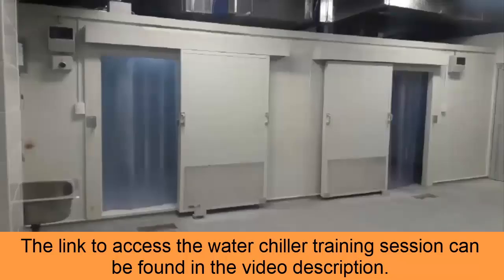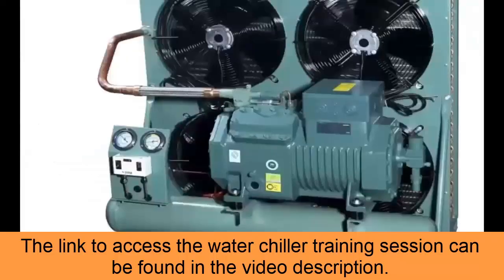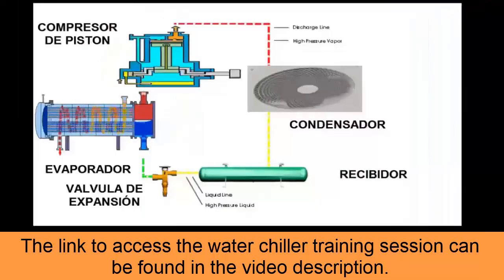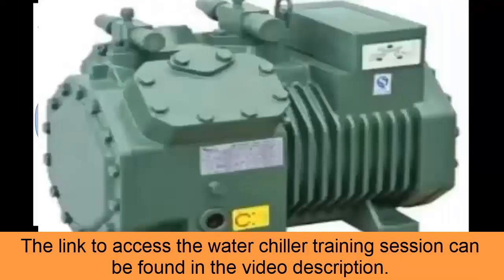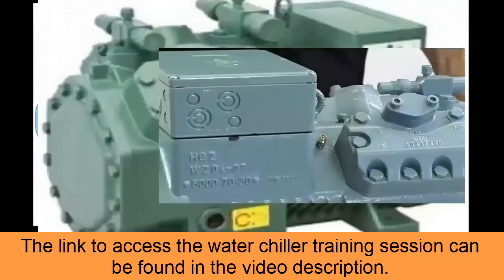Therefore, we can summarize that the piston compressor has lost influence in water chilling machines. However, we can still find new machines that incorporate piston compressors, especially in low or medium capacity equipment. Likewise, older chillers frequently use this type of compressor.